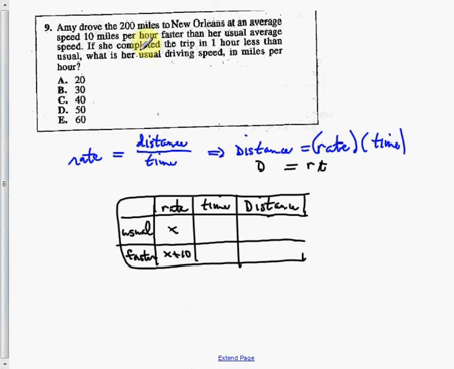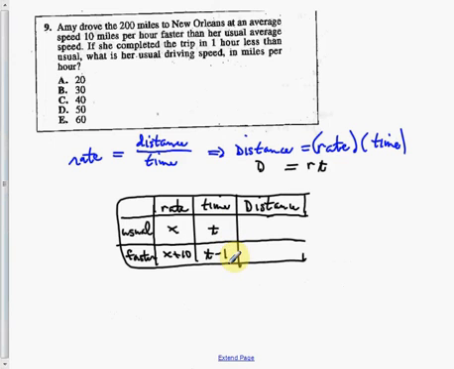It says she completed the trip in 1 hour less than her usual time, so her usual time I'm going to call T. Since she's going faster, her time is less, so this is going to be T minus 1.